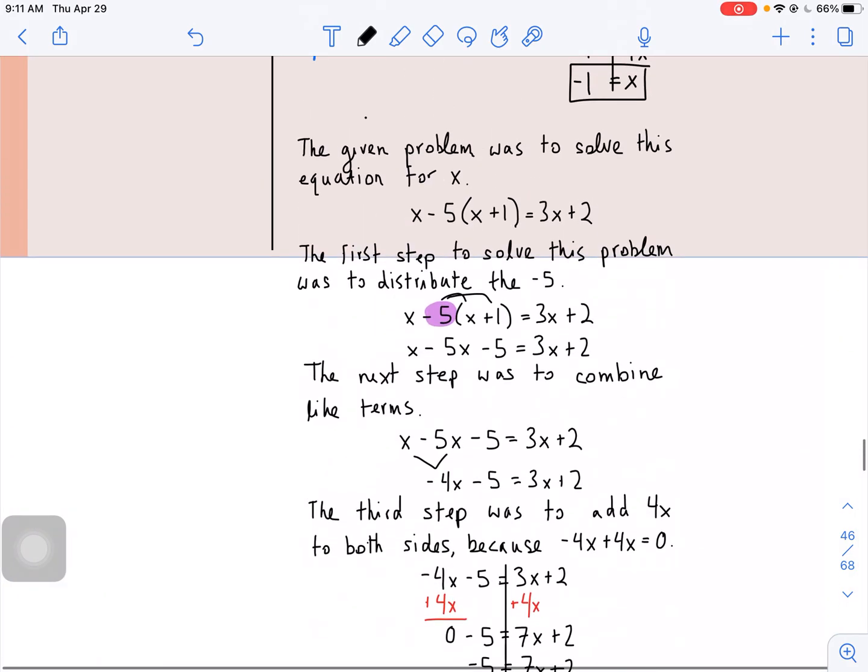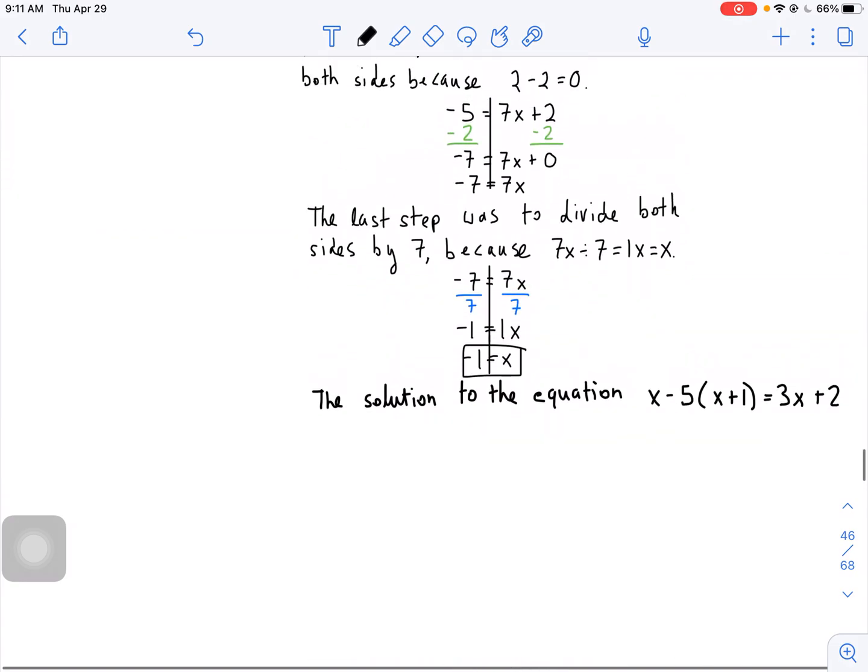Right, that was the original one, yep. Is x equals negative 1. So we're showing all of our steps to solve the problem and then stating what the solution is at the very end.